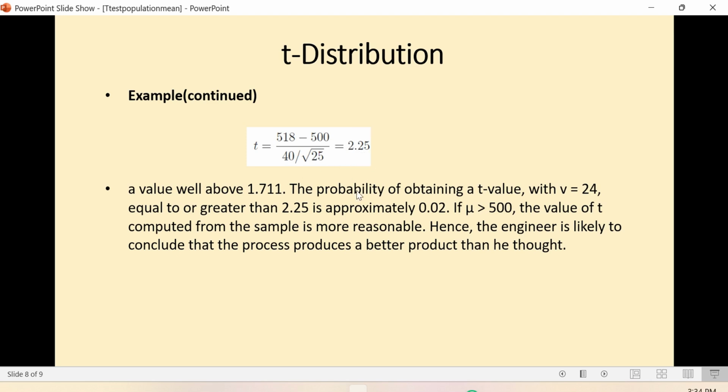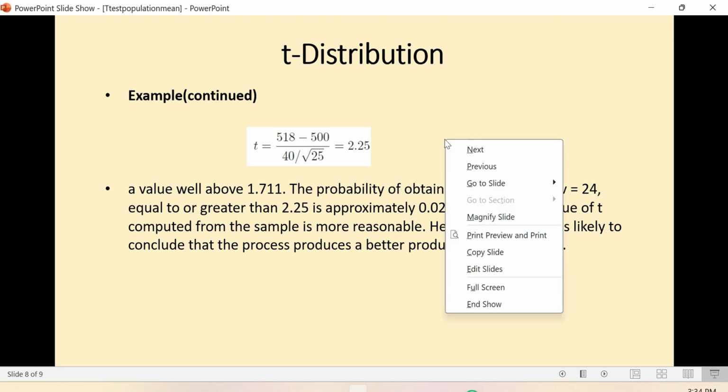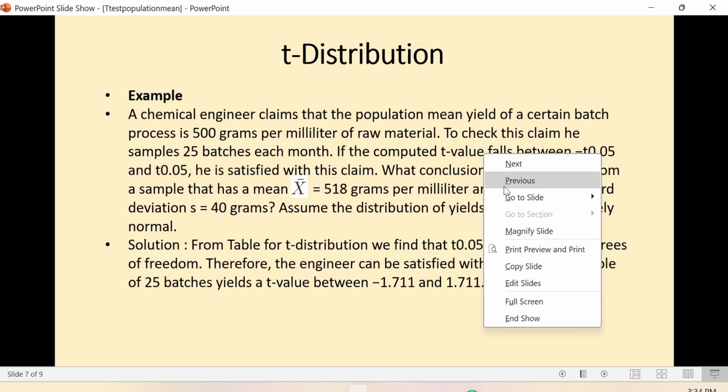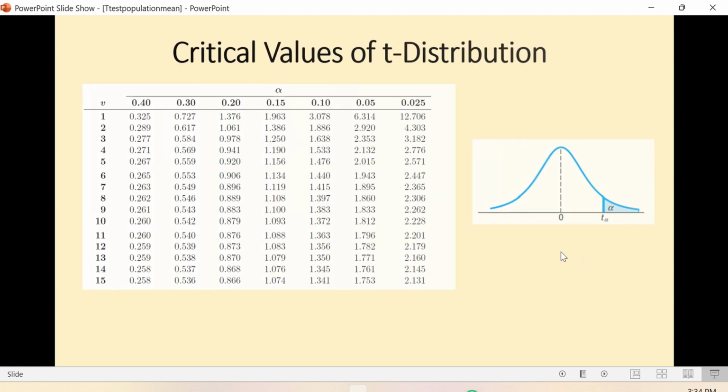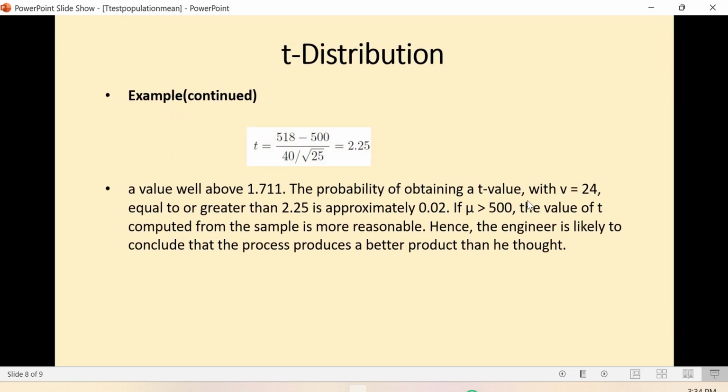As this value is much larger than 1.711, the critical value associated with the 0.05 alpha level, and the sample statistic 2.25 falls almost here, this returns a very small probability on the right side, actually about 0.02. So we will reject the null hypothesis that the population mean equals 500.